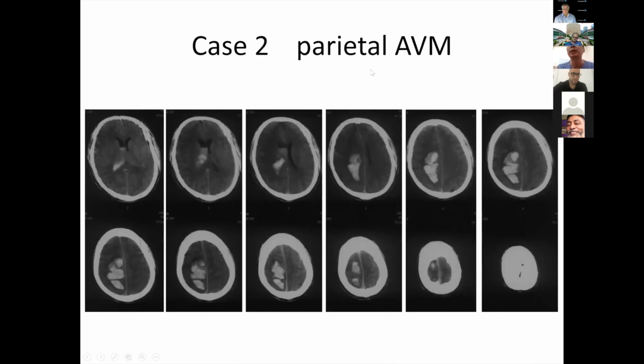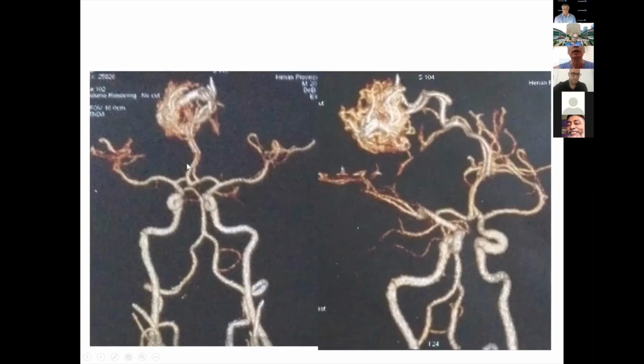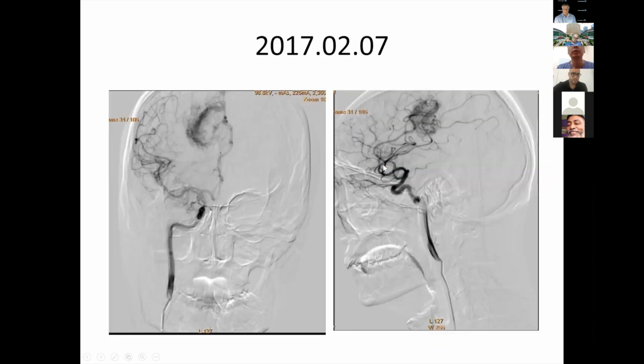This one is a parietal AVM. This is a rupture too. The CT angio showed the nidus is supplied by multiple pial branches from ACA and MCA as well. This is the angio, the AP view and the lateral view of the right internal carotid artery injection.